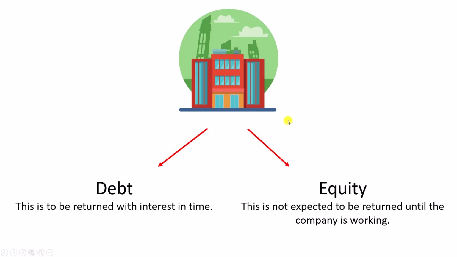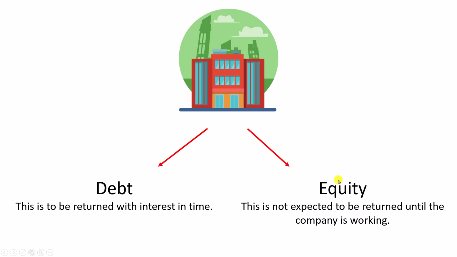So, when the company closes, it has to repay the loans, it has to repay the things that it owes to others, it has to pay taxes, and whatever is left would be distributed among the shareholders.